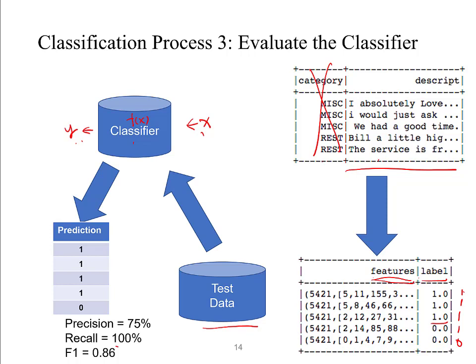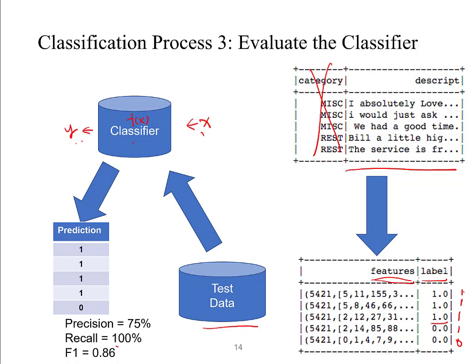So these are the 3 main steps of classification. And you will see it in lab 3, and when you do lab project 2, it is also closely related. You need to know these steps, because the project and the lab are also trying to solve this text classification problem.